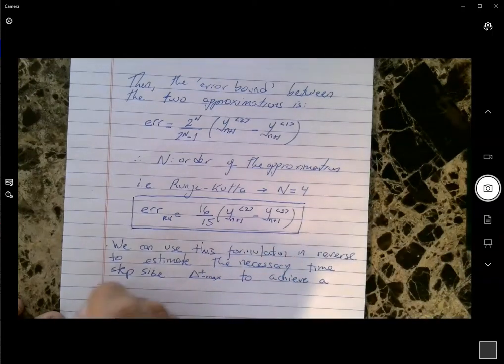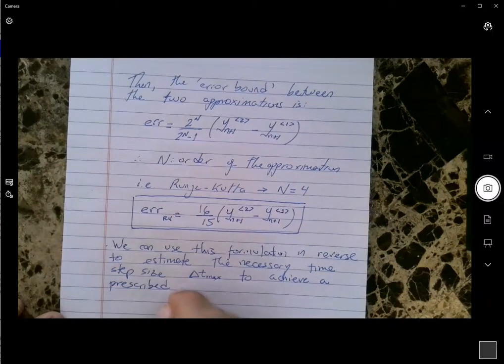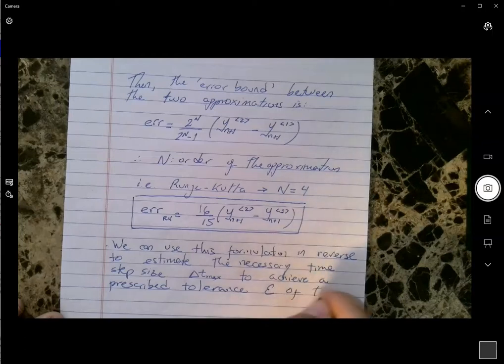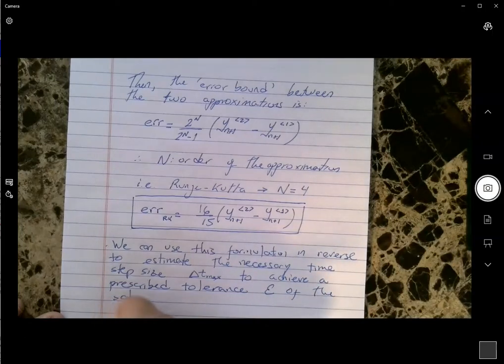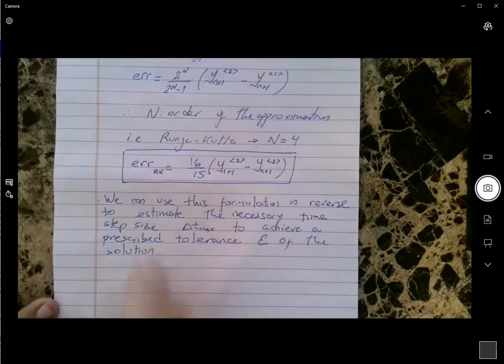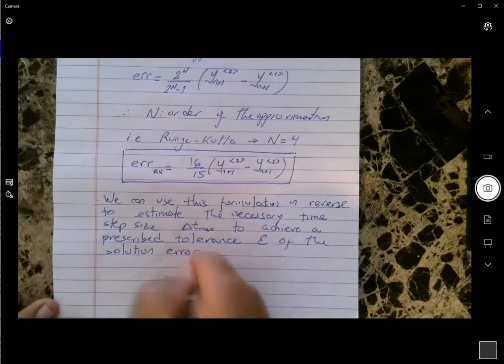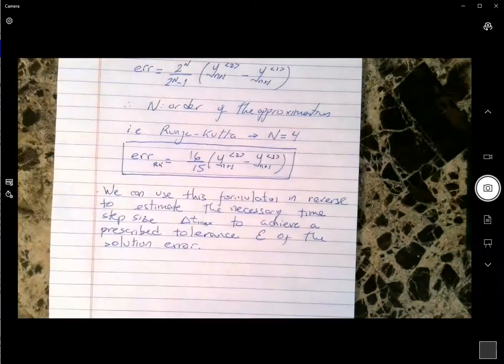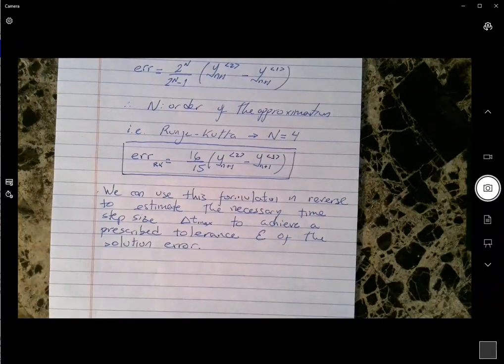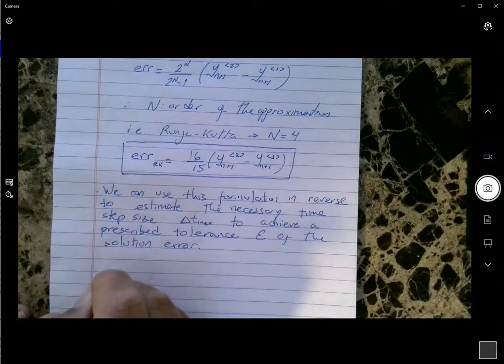a prescribed tolerance epsilon of the solution error? So now we're going to use this equation to actually try to find a way to predict what is the maximum delta T that we can afford to use.